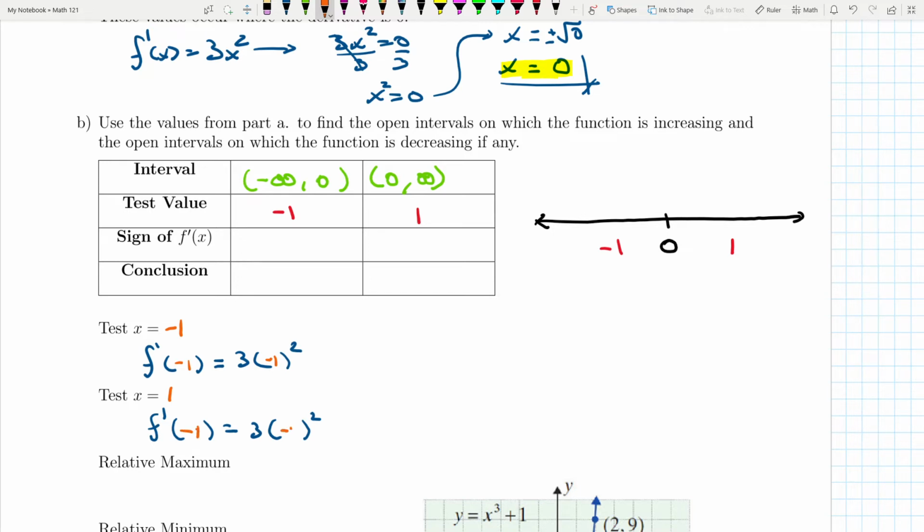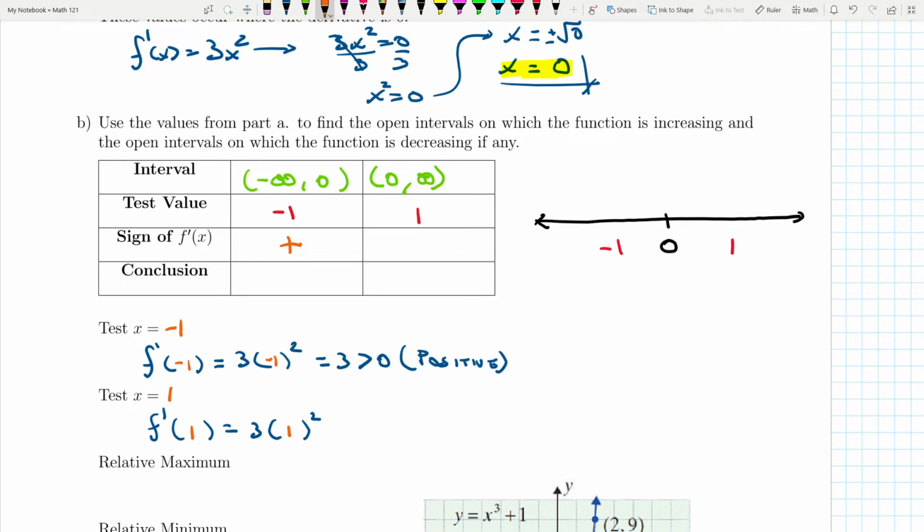So let's plug in the actual values, the critical values, and see what we get. -1 squared is 1 times 3, that equals 3, which in this case is a positive number. And let's mark that here in the table.